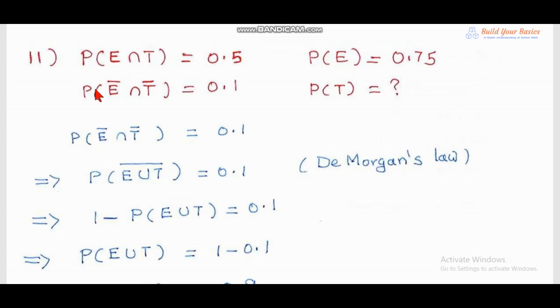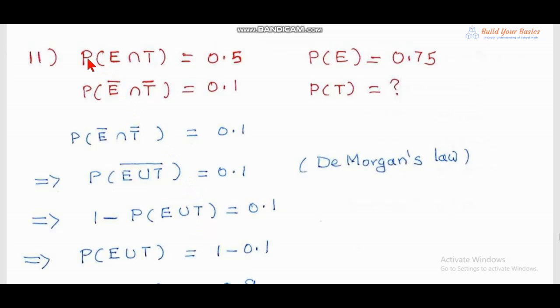That is, the student doesn't pass in English and doesn't pass in Tamil. If the probability of passing the English examination is 0.75, what is the probability of passing the Tamil examination?